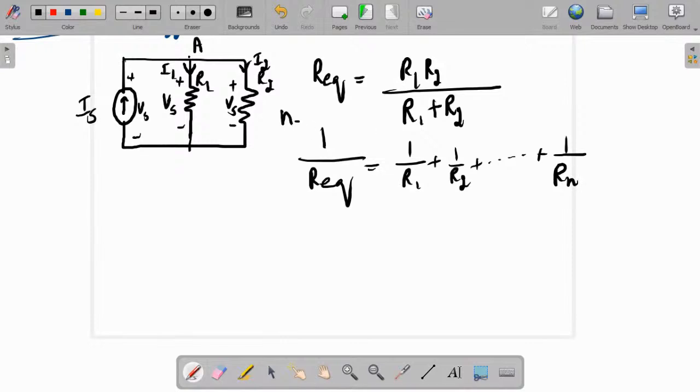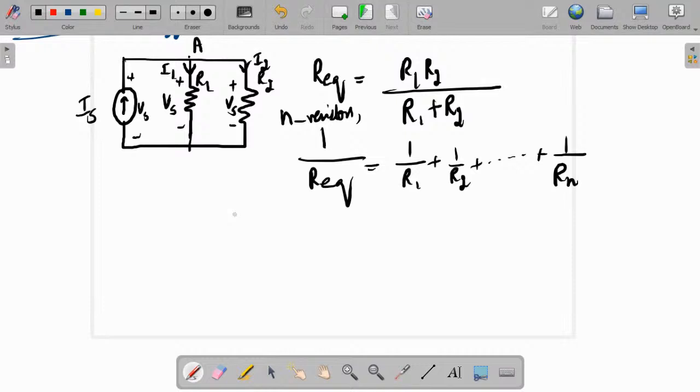Again, for inductors the same formulas apply: L1 L2 divided by L1 plus L2, or for n inductors in parallel, 1 by L equivalent is equal to 1 by L1 plus 1 by L2 plus etc. up to 1 by Ln.